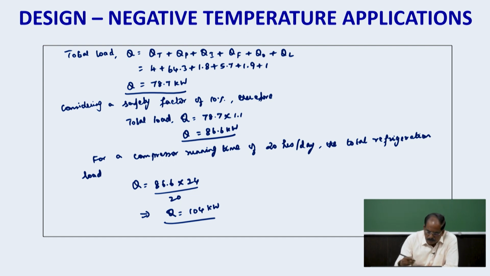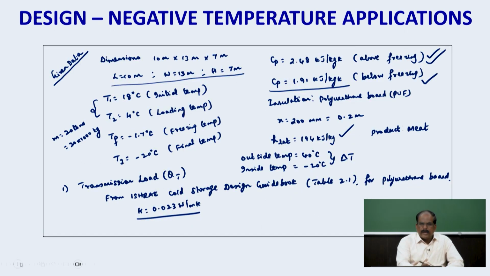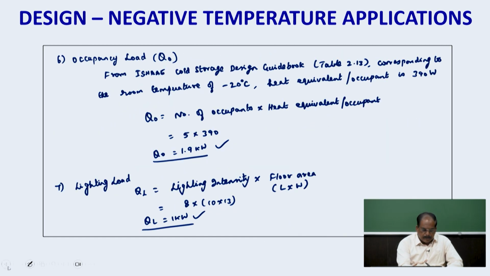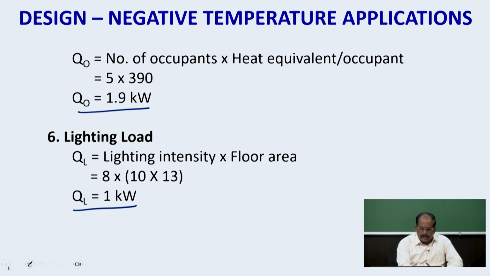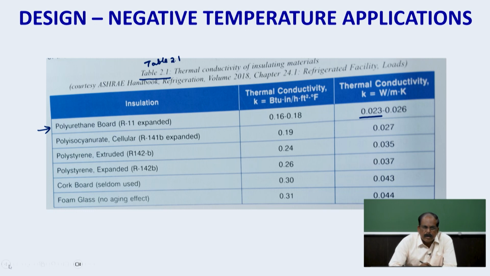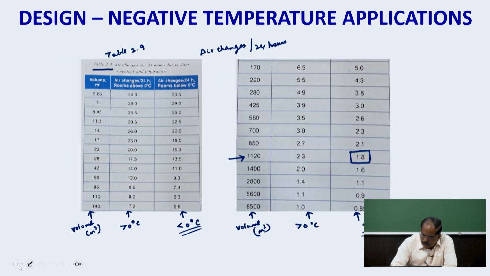To summarize, we have used certain tables. Table number 2.1 is used to find the thermal conductivity of the insulating material. Once we know the material, we can select the K value. Table number 2.9 is used for finding the air changes per hour, for the infiltration load volumetric flow rate.